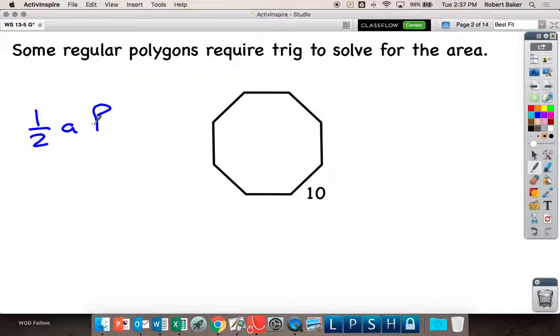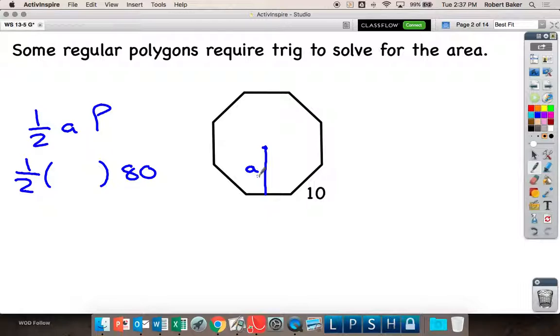One side of that octagon is 10 units long, so all 8 sides add up to 80. So right now I know that 1/2 the apothem times the perimeter, that's what the equation looks like. The perimeter of that shape is 80. So I'm only looking for the value of the apothem. I'm trying to figure out how long is the apothem.